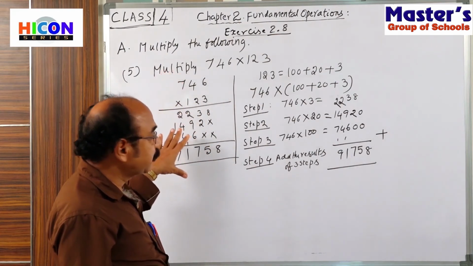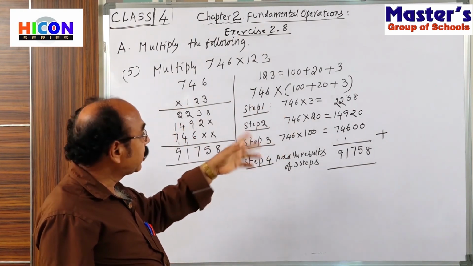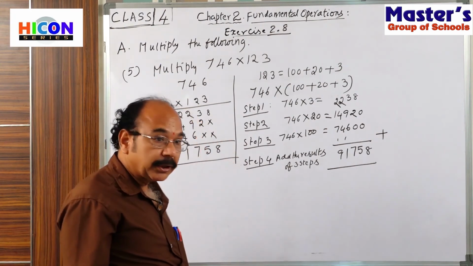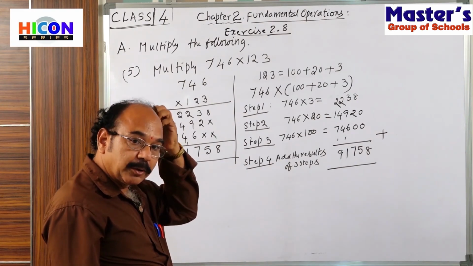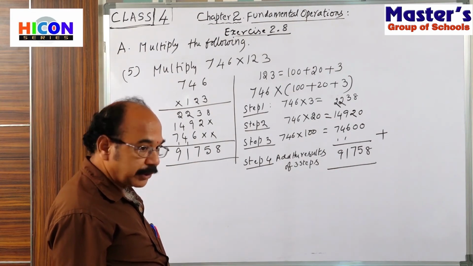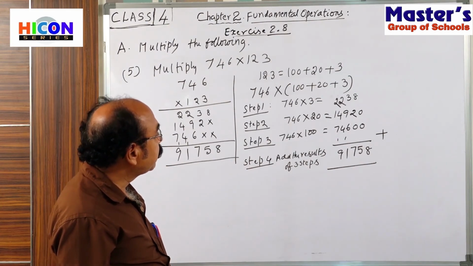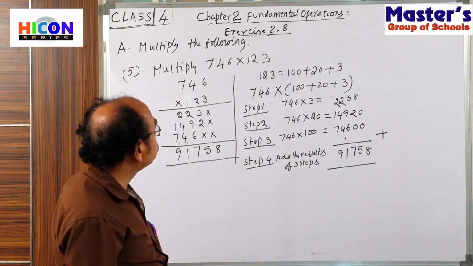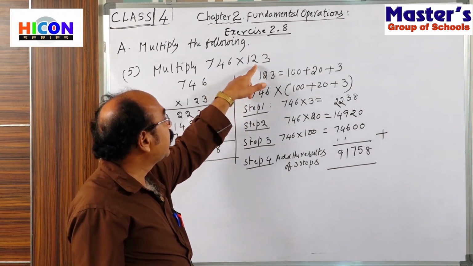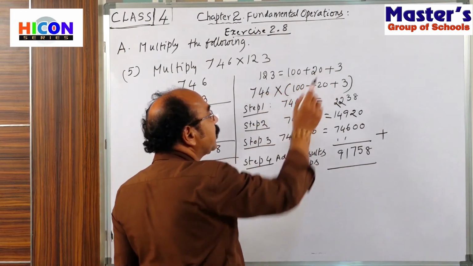Here this is the actual procedure. This is using a particular method. According to this procedure, stepwise I showed you how to multiply. That means we write the multiplier in expanded form. 123 expanded form is 100 plus 20 plus 3.